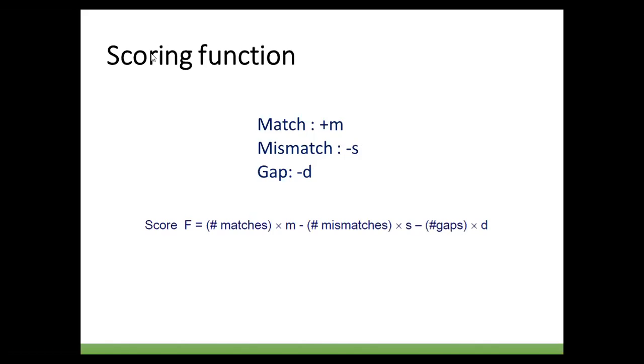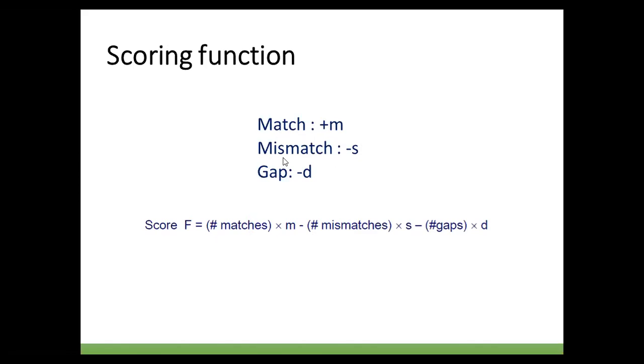So a scoring function can be defined now. So what you have done can be written as a standard function using some standard terms. Okay, if we find a match, the score is plus m, and if you find a mismatch, the score is minus s, and if you find a gap, the gap score is minus d.